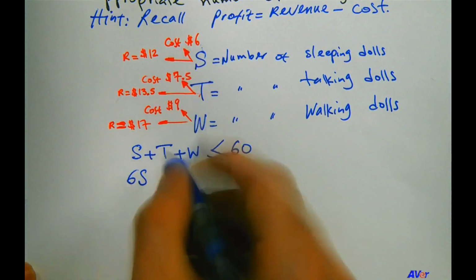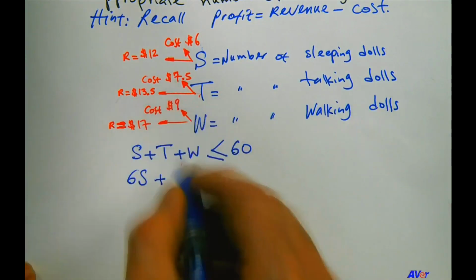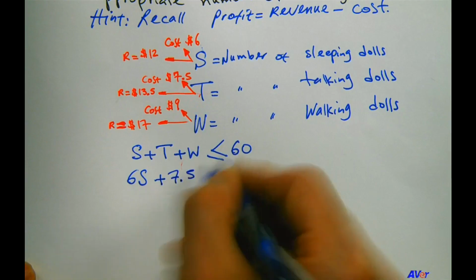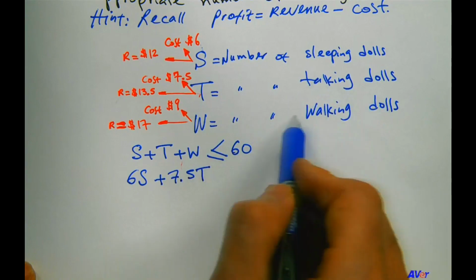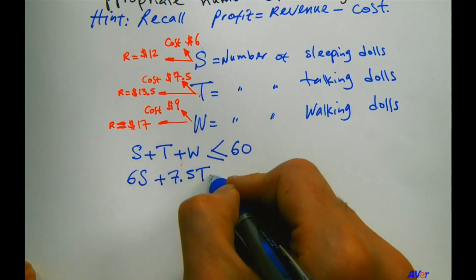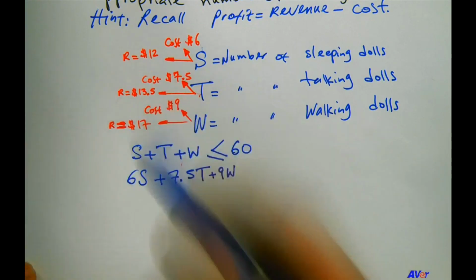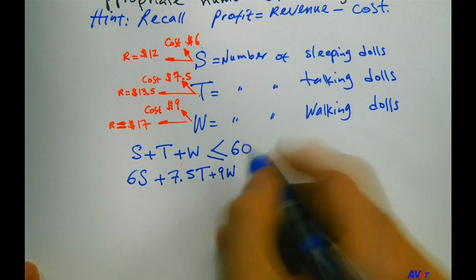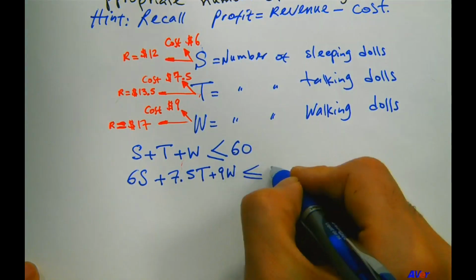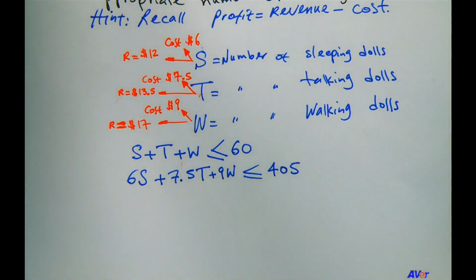So 6S plus talking dolls cost $7.50, and walking dolls cost $9 each. That's cost to the store that orders these dolls. And that cost should not exceed $405. That's how much the store owner has to purchase these dolls.